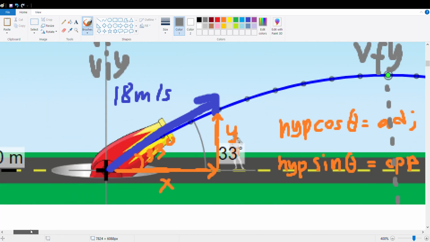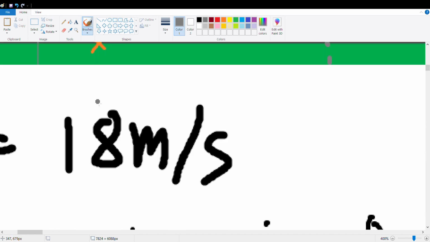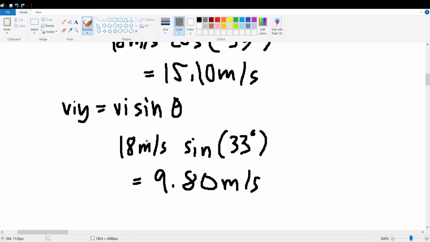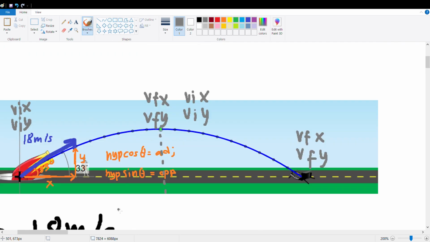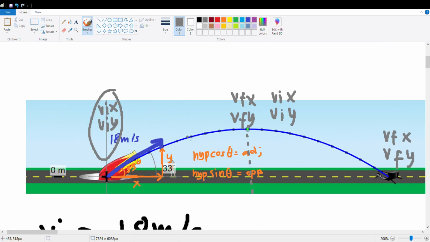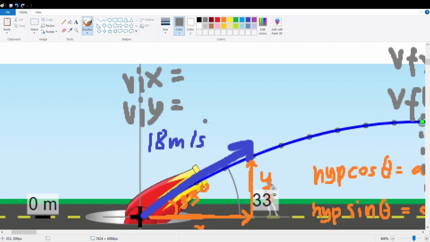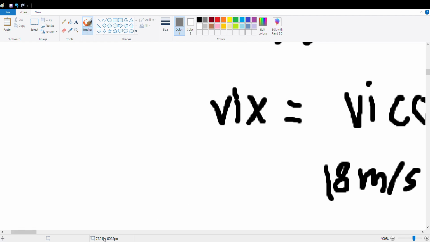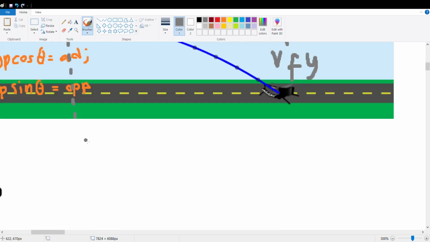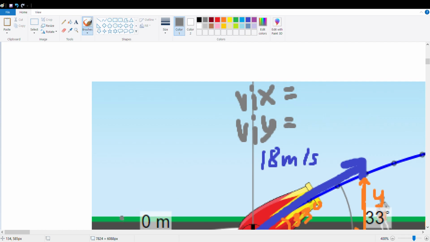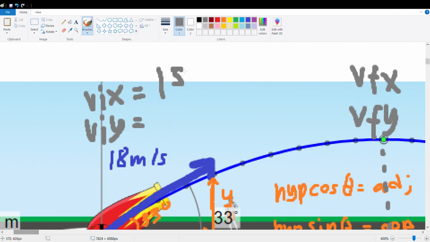Now you should know that the things that we just did, Vix and Viy, are going to be the initial values of the entire launching motion. We already solved for Vix, so that is 15.10, and for Viy, which is 9.8.